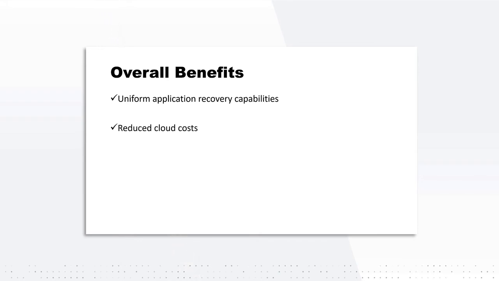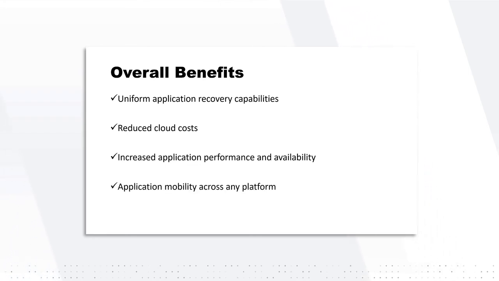Wow, InfoScale really is invaluable to cloud deployments. Can you summarize those benefits one more time? Overall, we found InfoScale allowed us to standardize on a common software layer that provided uniform application recovery capabilities in the cloud. So it provides us a way to keep our cloud costs down, application performance and availability up, as well as it helps us future-proof our operations for easier mobility.